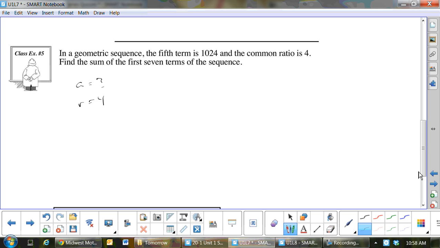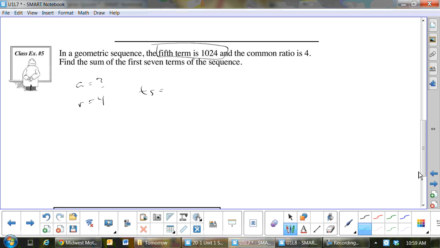If we knew S7 or T7, yeah, we'd do Tn, right? But we're going to use this to help us find A. I know N is 7, so we don't have to find N. But right now, let's use the old formula.